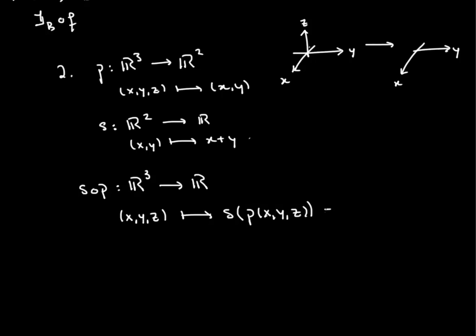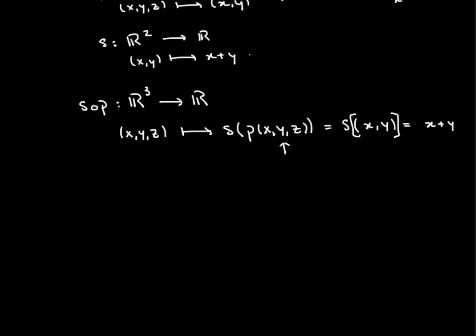And what this is equal to is simply S of x and y, because P sends xyz to xy. Now S sends xy to the sum of x and y. I might need to put some brackets here, if you insist on having them.